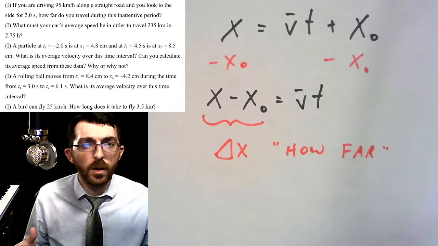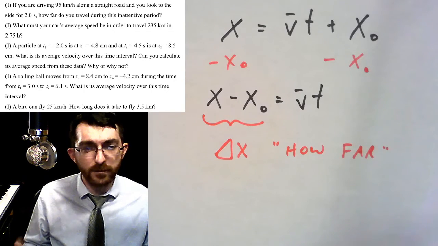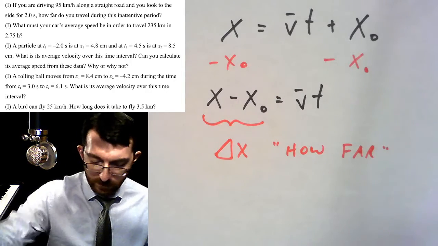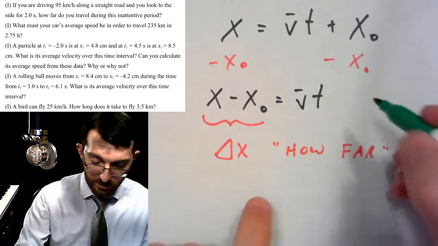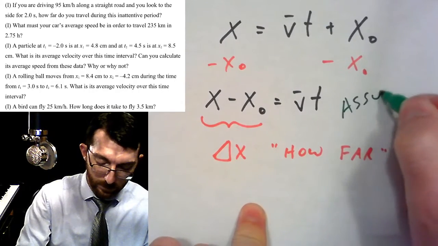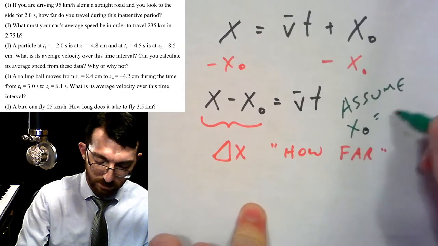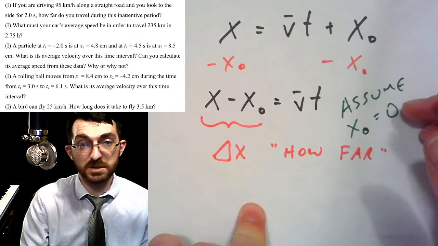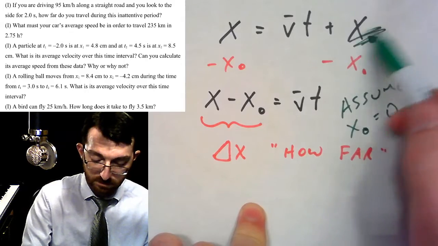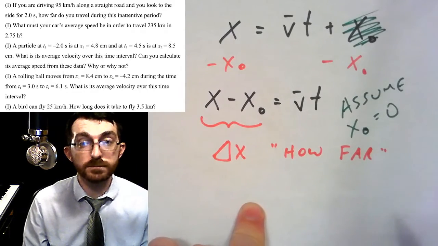Here is a more common sense way to do it. We know that the question is how far, so maybe it would have just been easier to assume x sub 0 equals 0 and just forget it.